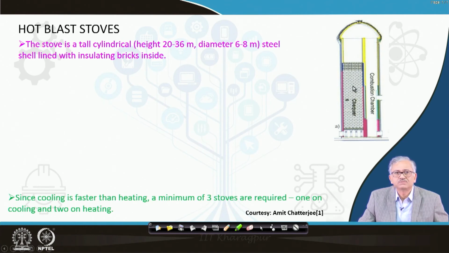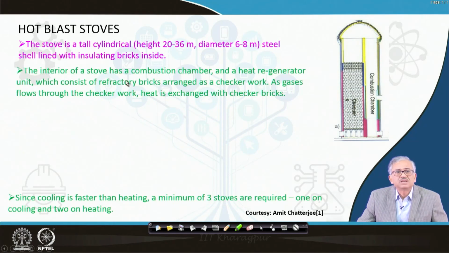The checker brickworks is built such that it has a lot of surface area. In the first cycle, you burn the blast furnace gas, BF gas, in the presence of oxygen in the combustion chamber, and the heat generated is exchanged with the checker brickworks.